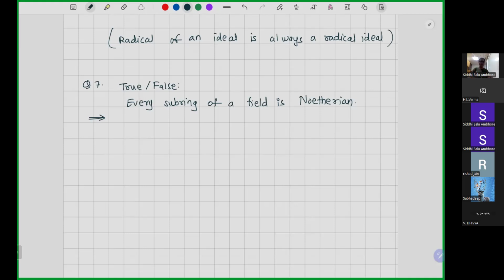So your guess is true? Can you prove that every subring of a field is Noetherian?